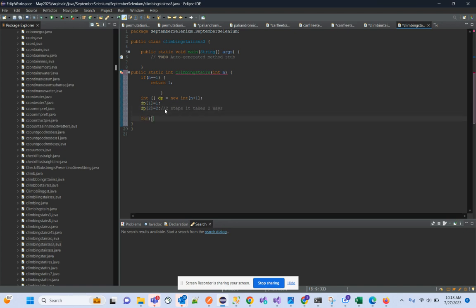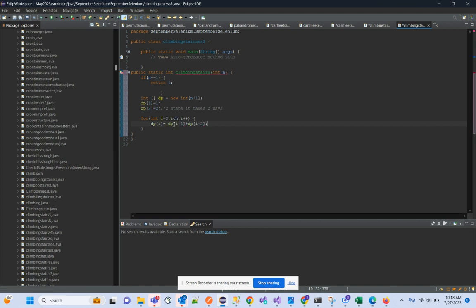Then we are going to start our loop from i equal to 3, i less than or equal to n, i plus plus, wherein we say dp of i equal to dp of i minus 1 plus dp of i minus 2.